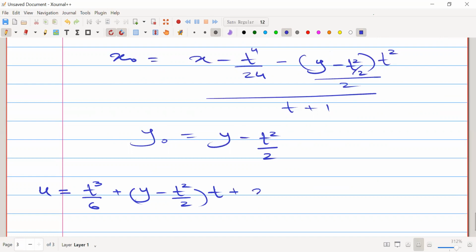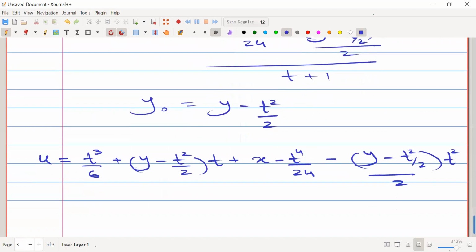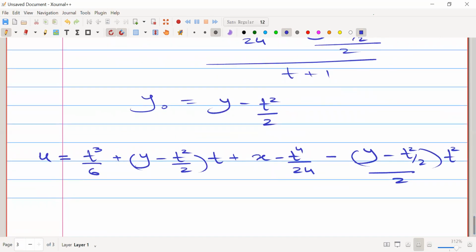For x naught, we have x minus t to the power 4 over 24 minus y minus t squared over 2 times t squared over 2, and this is the whole thing divided by t plus 1. So now we get the result for u in terms of x, y, and t.